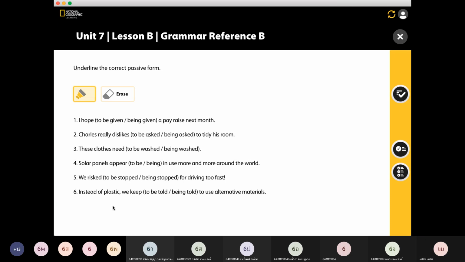Number 3, this cloth needs to be washed. Number 1, I hope to be given.